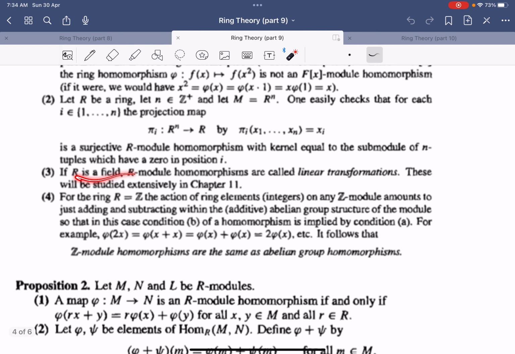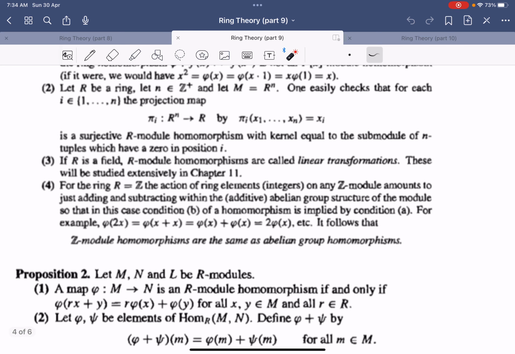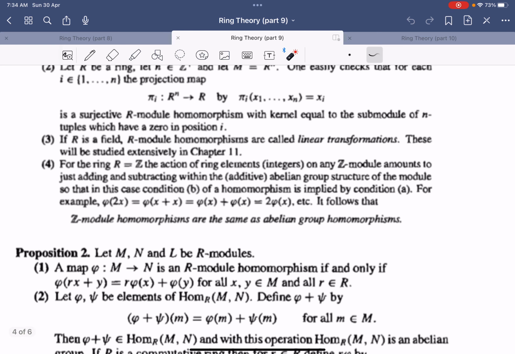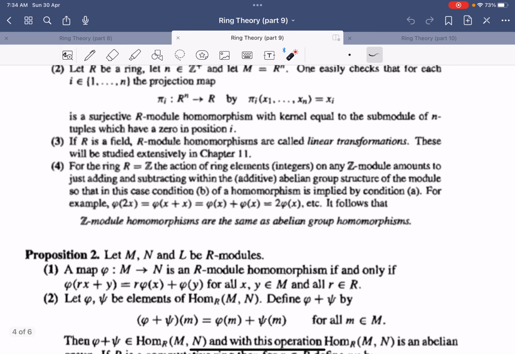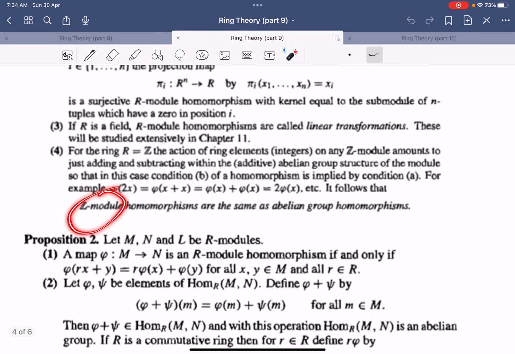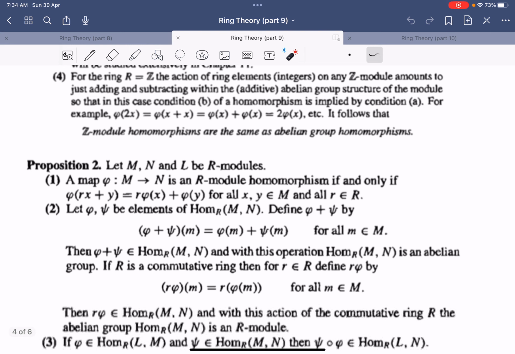And if R is a field, then the R module homomorphisms will just be known as the linear transformations. And when is the module homomorphism the same as the group homomorphism? It's in the case where it's a Z module. Then it is exactly the same as the abelian group, as we have already noted that Z modules are the same as abelian groups.